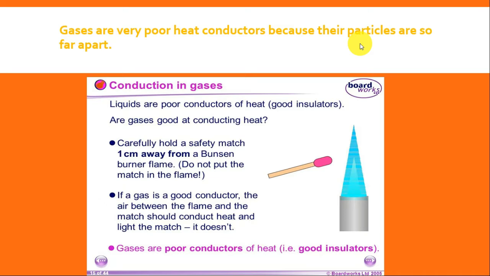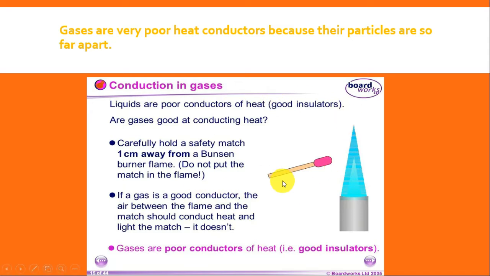To understand that, look here. Carefully hold a safety match 1 centimeter away from a Bunsen burner flame. Do not put the match in the flame. You have to take it away to the right, off the left, 1 centimeter. If a gas is a good conductor, the air, here we have gas, right, between the match and the flame, the air between the flame and the match should conduct heat and ignite the match.